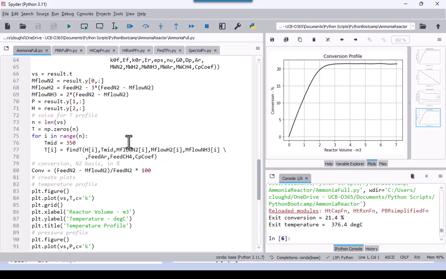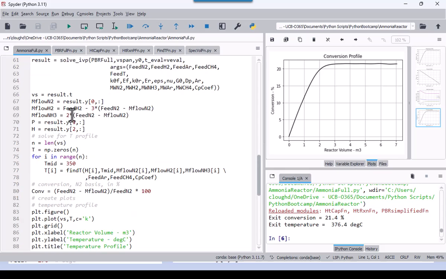And then, you'll notice we don't have the temperature, but we'd like to see the temperature profile. So we come down and establish an array the same length as the number of volume points we have. And then we do a for loop to calculate and fill the temperature array using, again, the find T function.